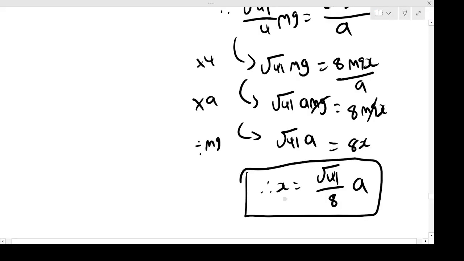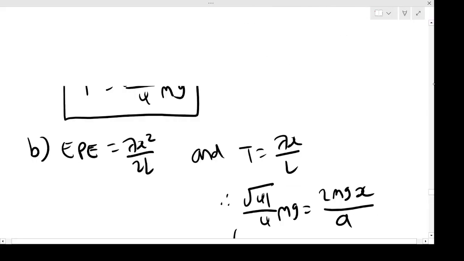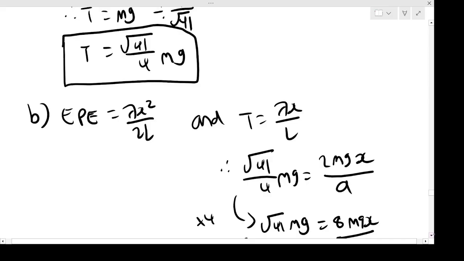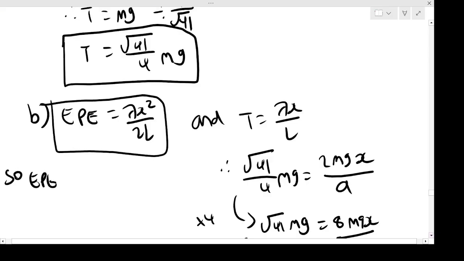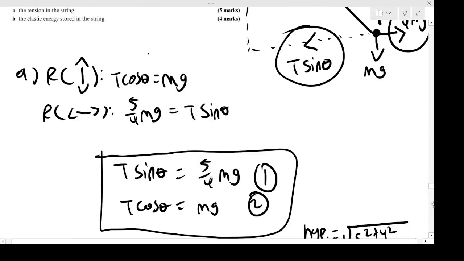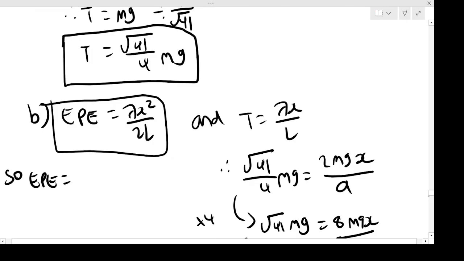Now we can go back to working out the elastic potential energy, which is here. So EPE, well, the modulus of elasticity is again 2 mg times the extension x.